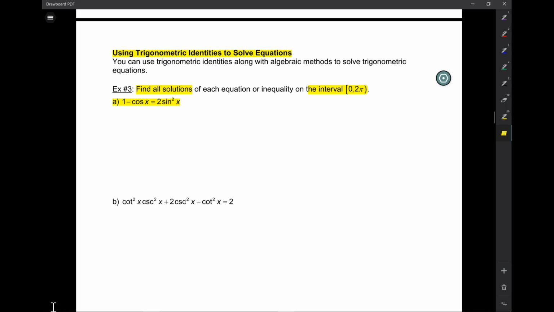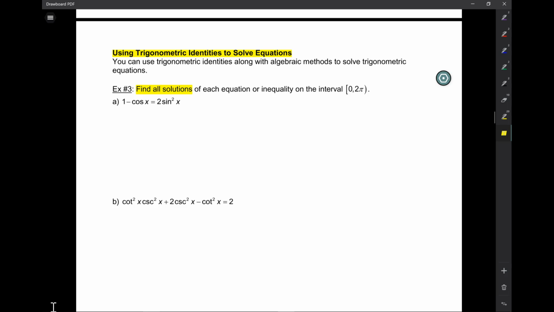What I have here, first of all, this is what should set you off. What you have here is a cosine and a sine. We don't want that. We want homogeneous equations where they're either all sines, all cosines, all cotangents.